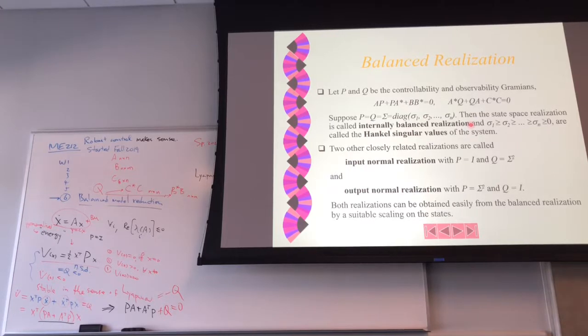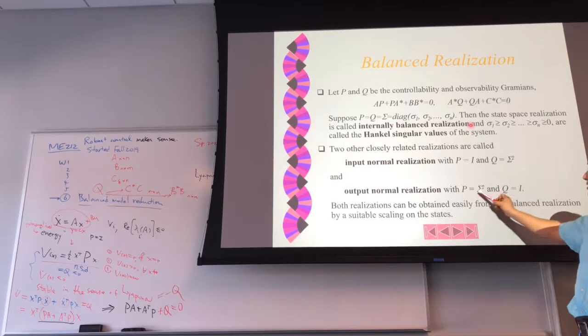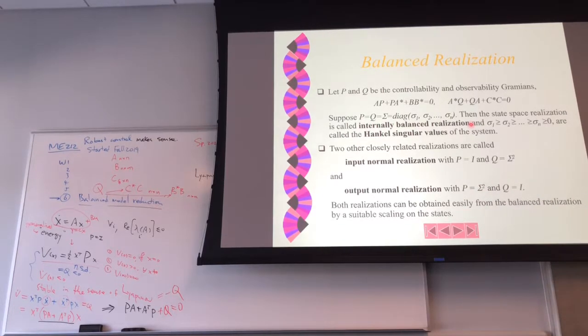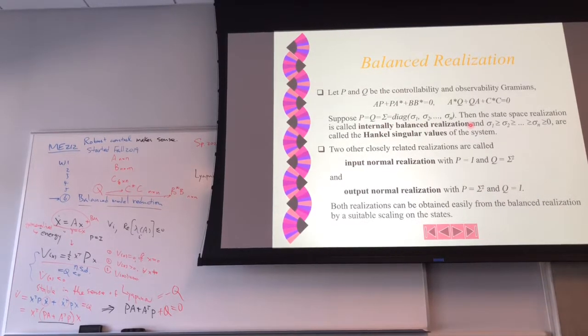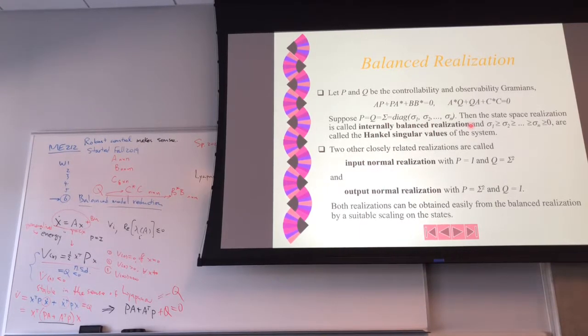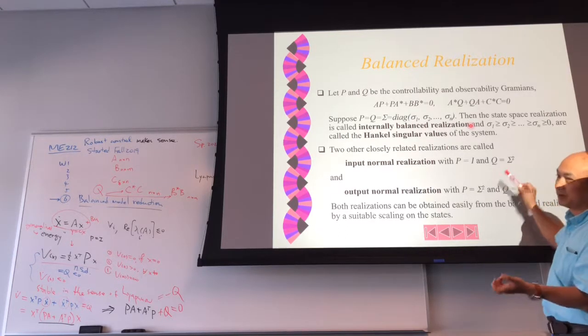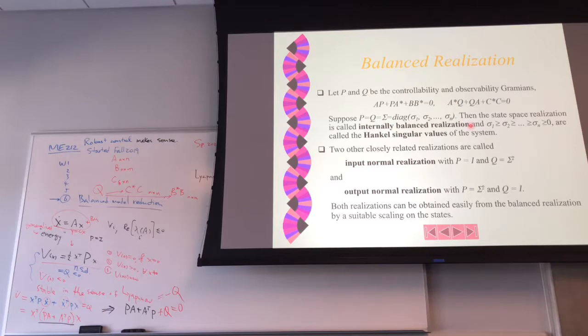That's interesting. And the same thing is true if you put Q as I, then your P is sigma squared. This is by scaling. What do we mean by scaling? You can always scale your system states to make this happen.